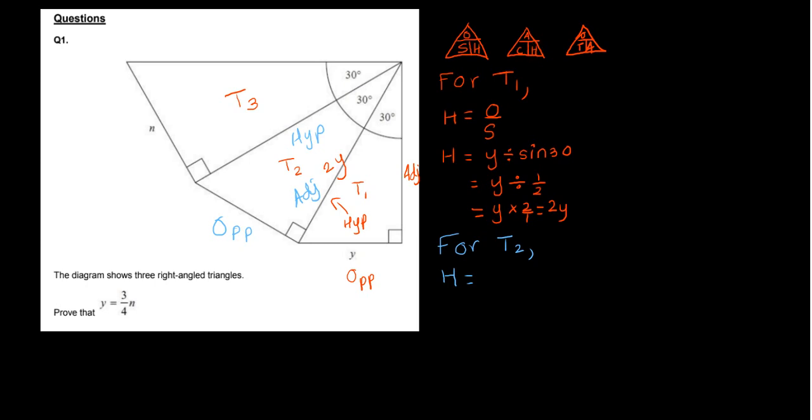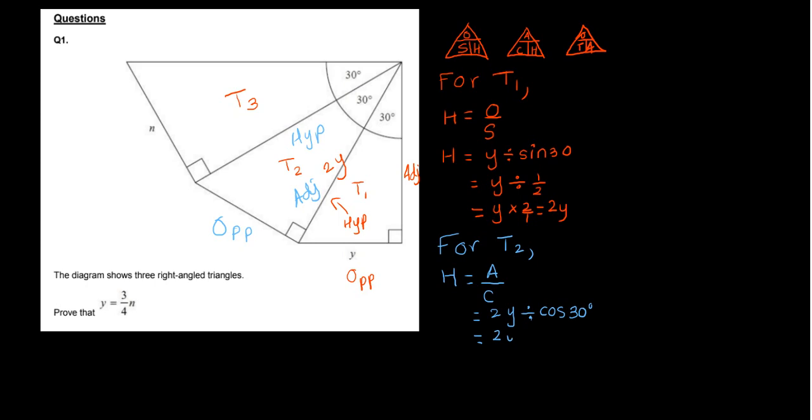Hypotenuse is adjacent divided by the cos. My adjacent is 2y divided by cos 30. And we've got to learn these values by heart. In the exam they won't give them to you. This will come up in the non-calculator paper.